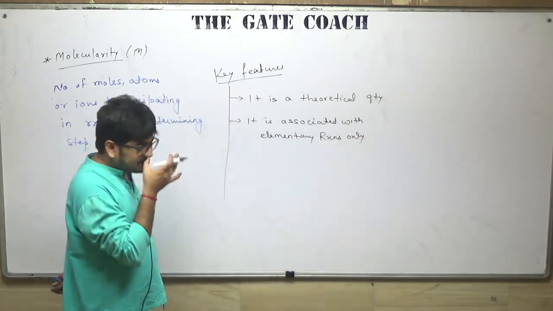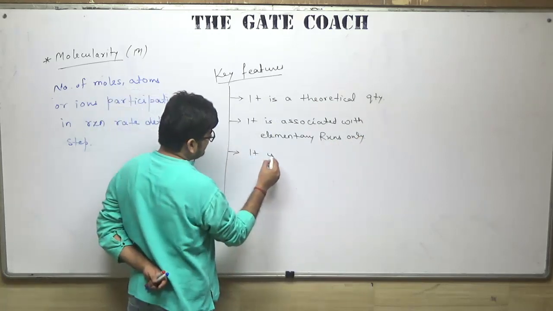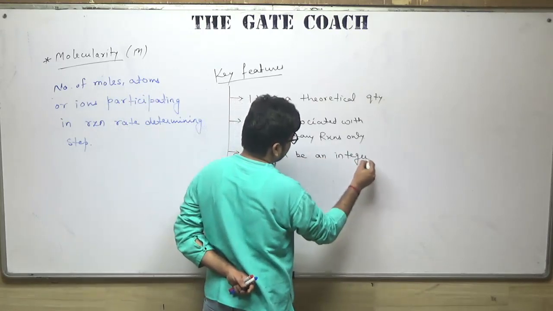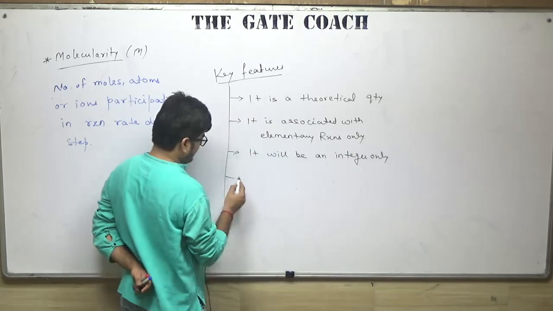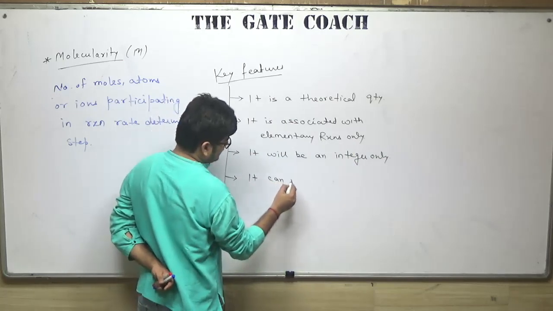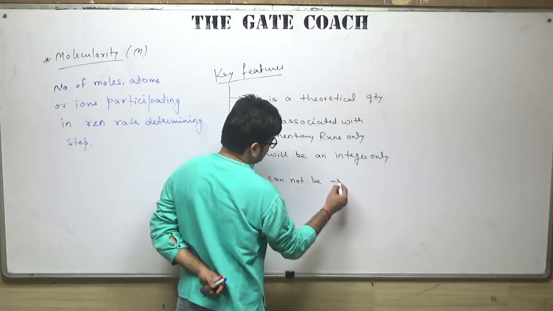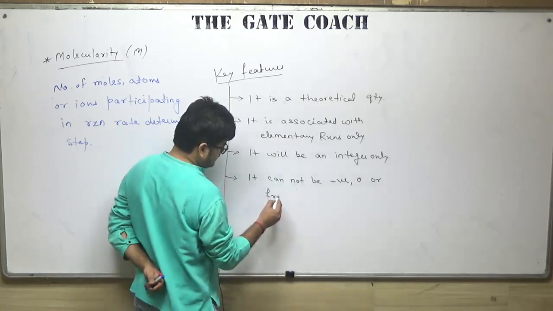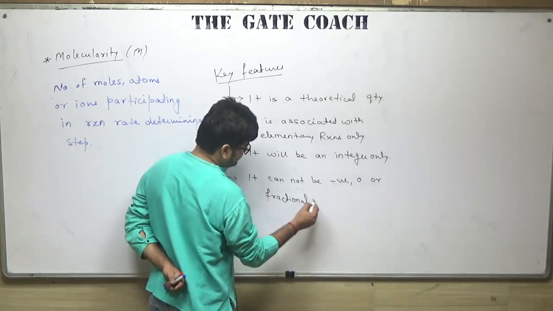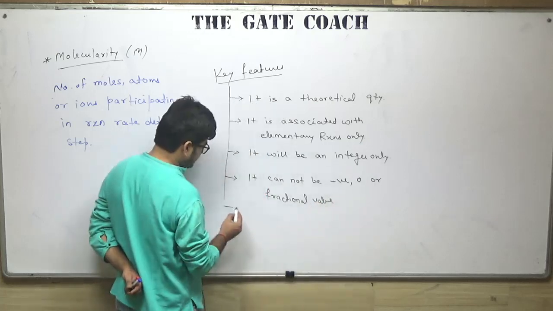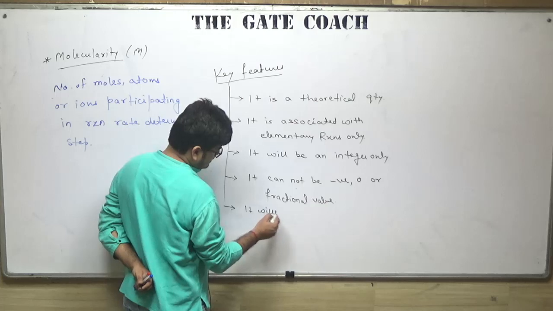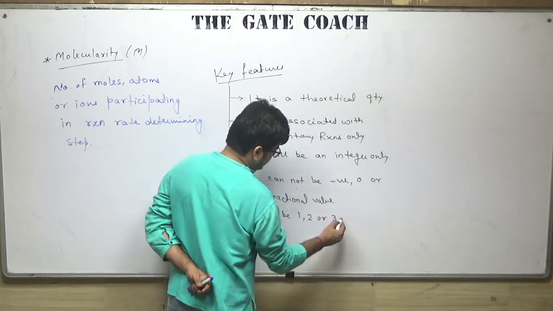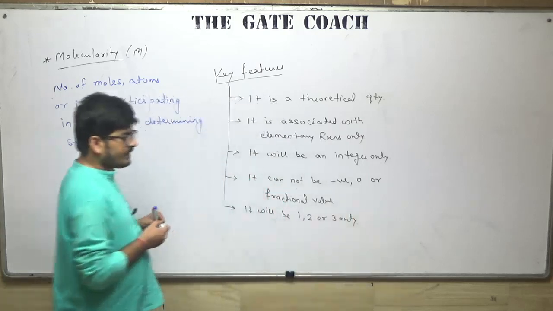What is that? That we will discuss. Third, it will be an integer only. Fourth, it cannot be negative, 0 or fractional value. And last, it will be 1, 2 or 3 only. Okay.